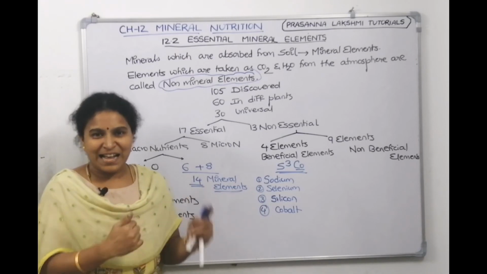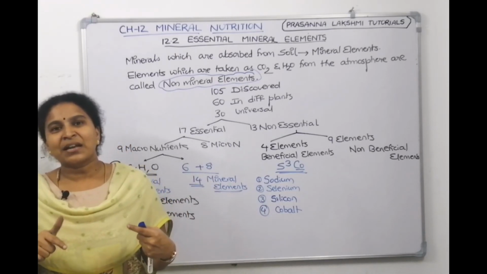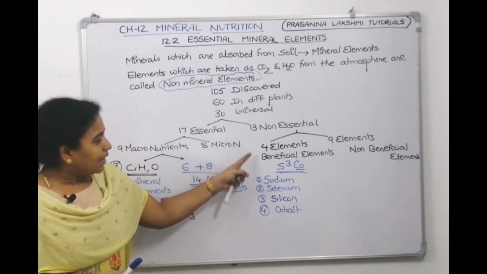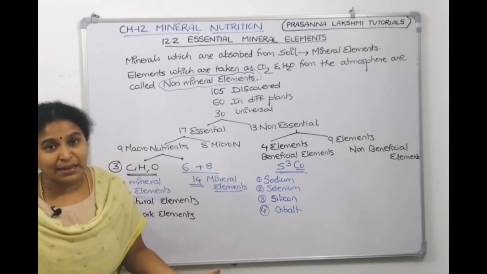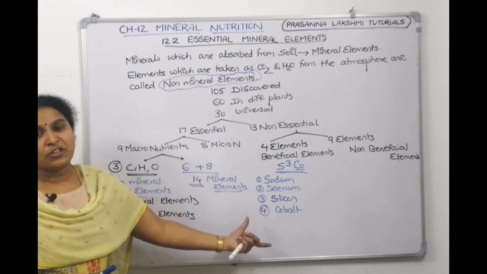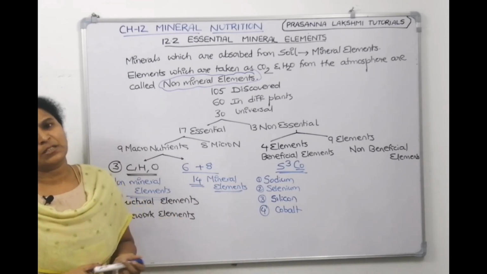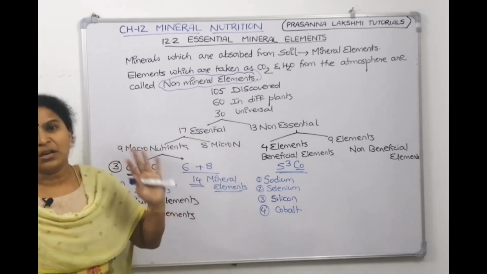Without these classes also, you can study, but with these classes, you can understand better, right? In the same manner, in the presence of these 4 elements, plants will grow better. That is why they are called beneficial elements. But if we don't give these 4, plant will not exhibit any deficiency symptoms. Understood? Then the remaining 9 are non-beneficial elements.